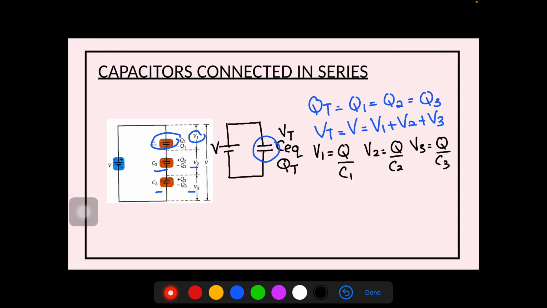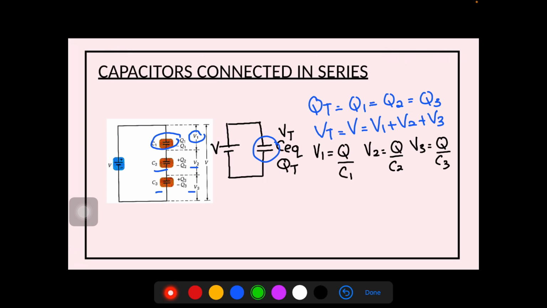If we know the value of charge and the value of the capacitor, we can determine the potential difference across the capacitor. But the question is how to find the C equivalent.